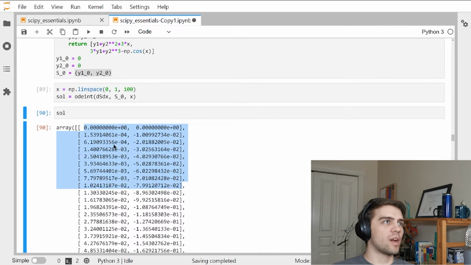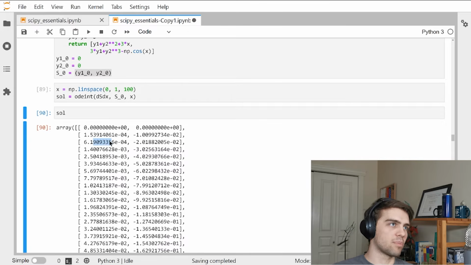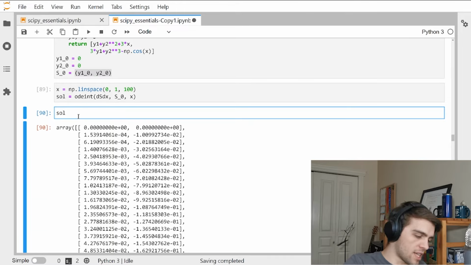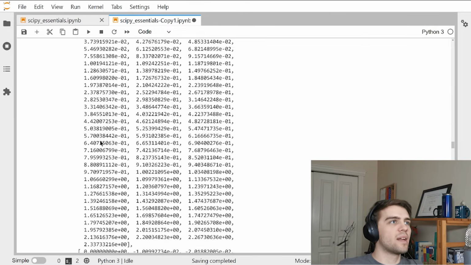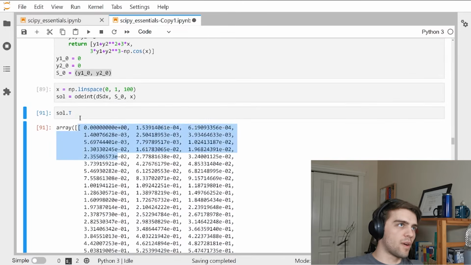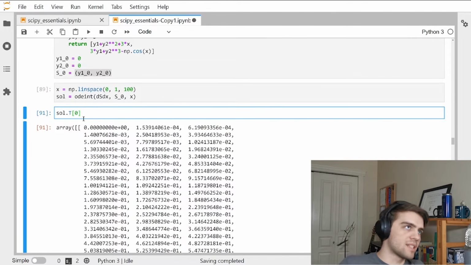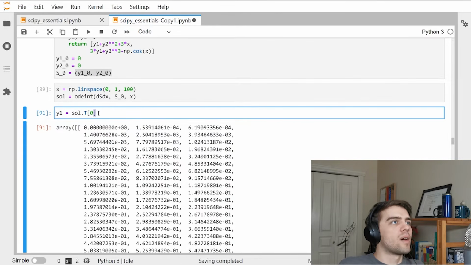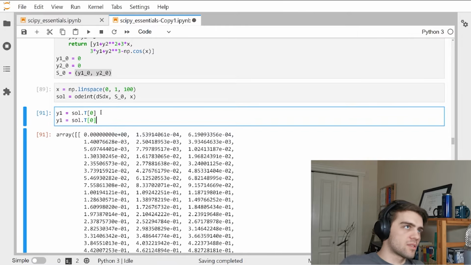Now, if I want to get y1 and y2 separately, I need to get this column, and then I could plot y1, and this column allows me to plot y2. So I can transpose the solution, and it will have two arrays here. So this is y1, and this is y2. So if I want y1, I just go sol.T[0], and y2 is equal to sol.T[1].